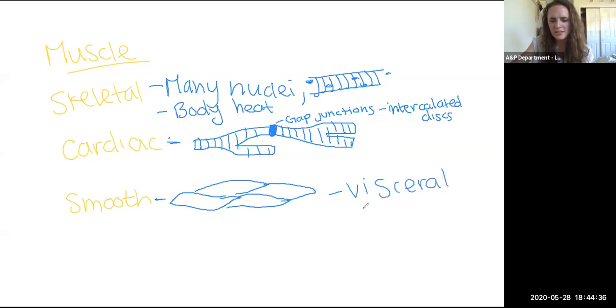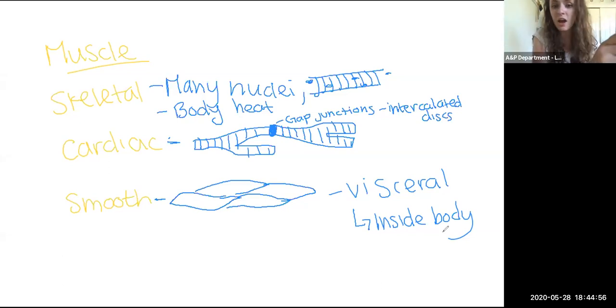This just means that it's inside your body. Okay, so your smooth muscle is known as visceral muscle, and it is found inside your body. And that's all I really want you to know on that. Look into it if you want to know more. But it's smooth, it does not have striations, and it is found inside the body. Good with muscle? Yeah?